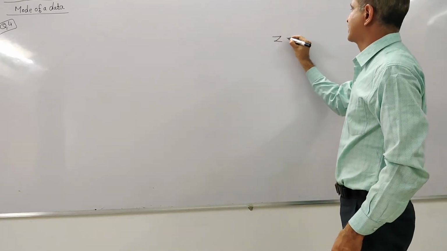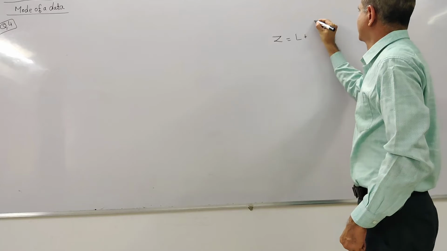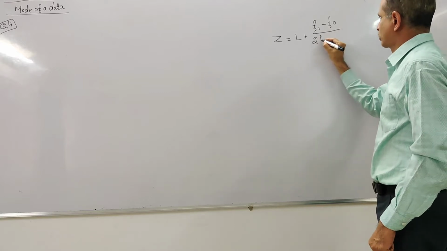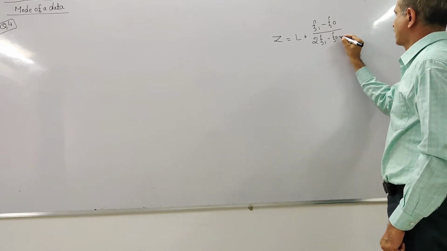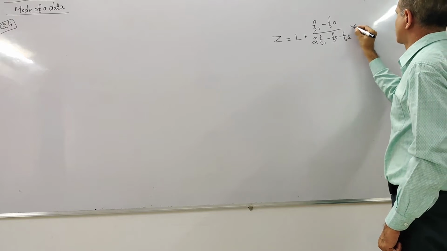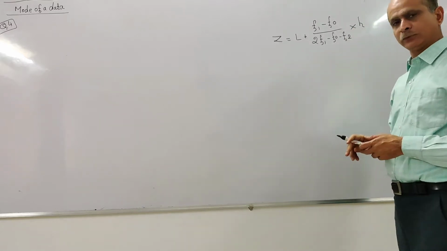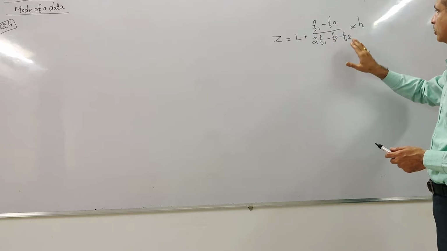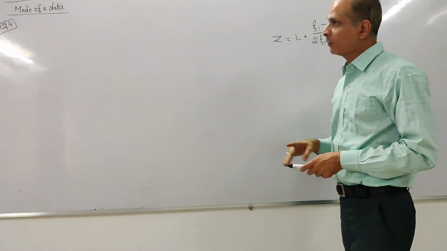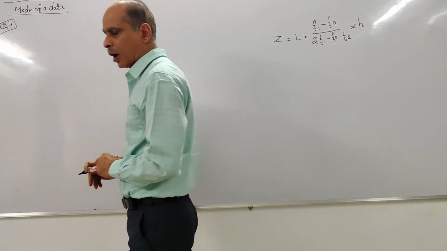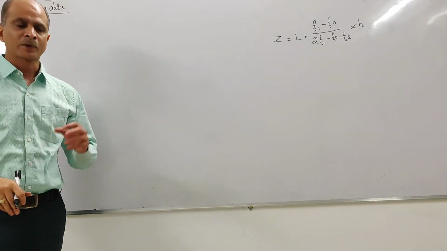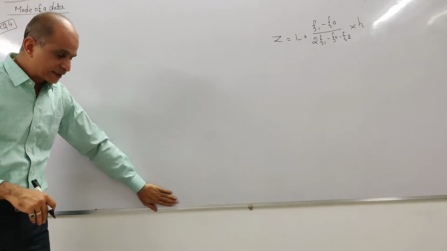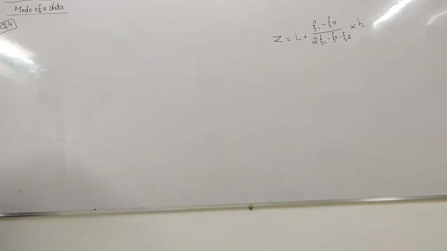The mode is denoted by Z is equal to L plus (F1 minus F0) upon (2F1 minus F0 minus F2) into H. You already know how to find the values of L, F1, F0, F2 and H. We have already solved the first three examples of exercise 14.2, that is, how to find the mode of grouped data.